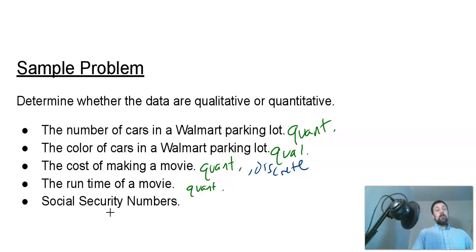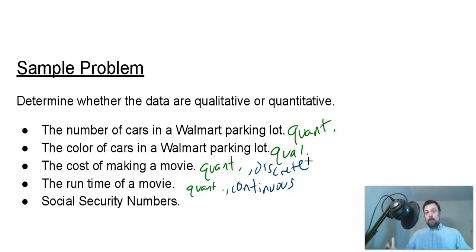The runtime of a movie, however, is continuous. Now, this one can bother students as well, and I know this because when I teach it in class, I ask my students to answer first, maybe with a show of hands, and half the class will say it's continuous, half will say it's discrete.